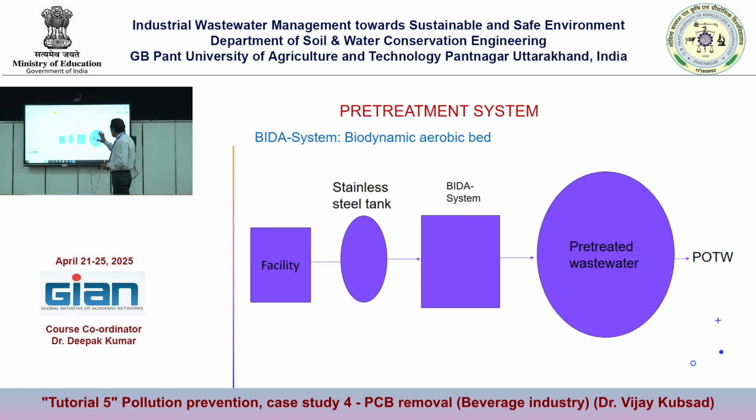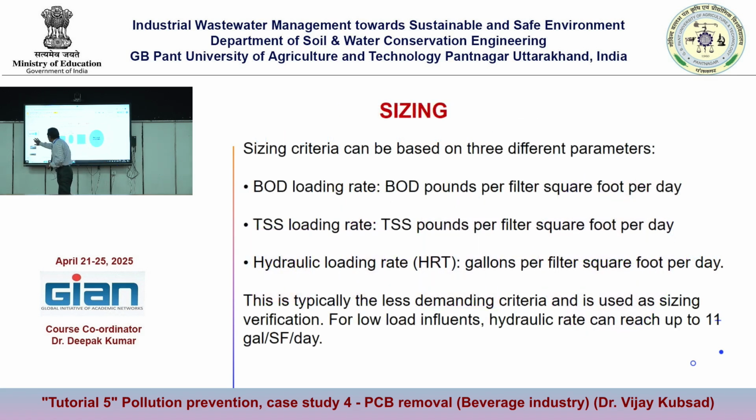So it is a proximity facility, tanks and biofilter system, pre-treatment and treatment. Pre-treat and then discharge. Sizing, this is the process. You can see what the hydraulic rate is, what the TSS rate is, and we already learned about that. How much hydraulic loading and organic loading you can have on the treatment system.